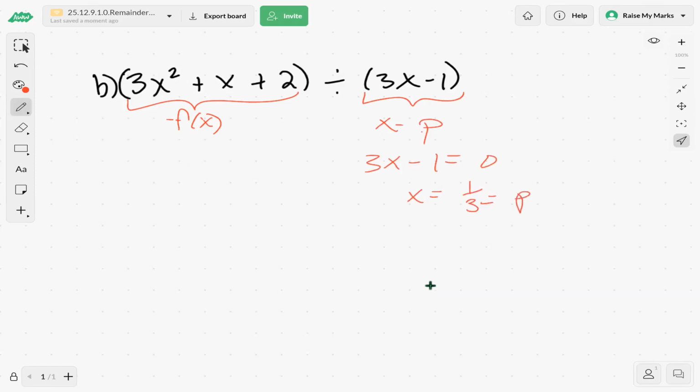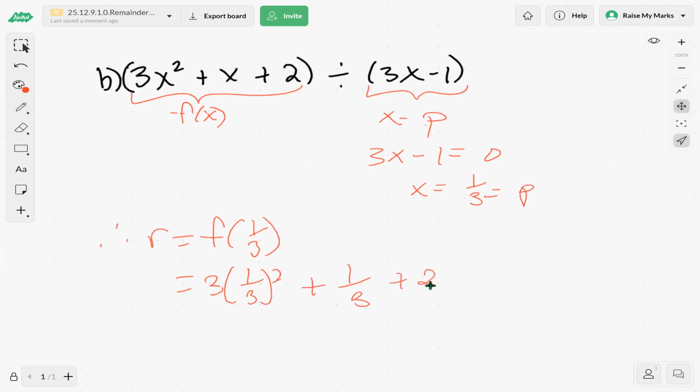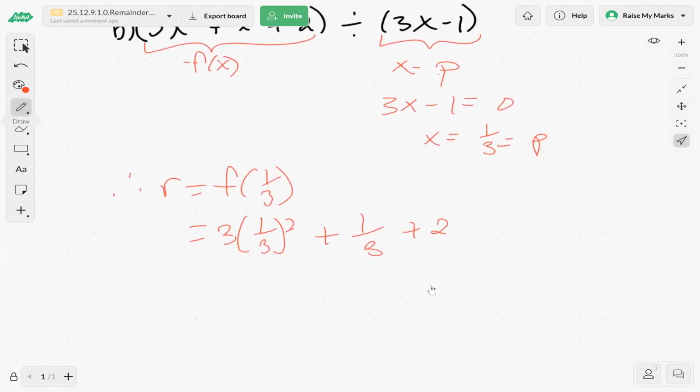So our remainder equals f evaluated at 1 over 3, which equals 3 times 1 over 3 squared plus 1 over 3 plus 2. This equals 3 over 9 plus 1 over 3 plus 2. 3 over 9 is also 1 over 3.